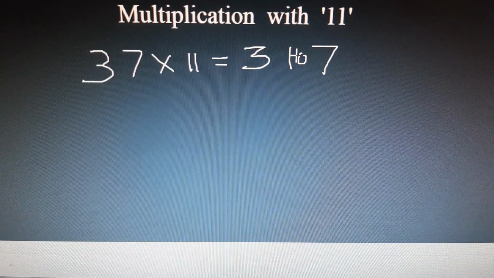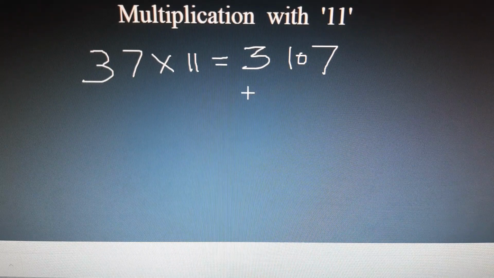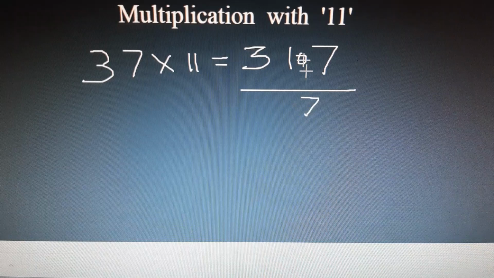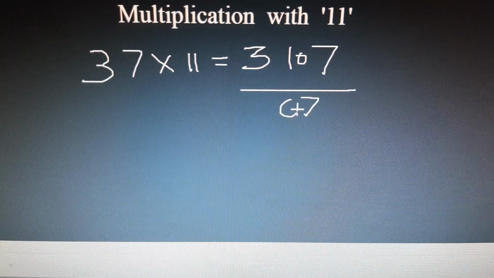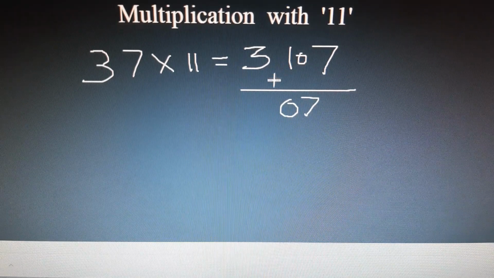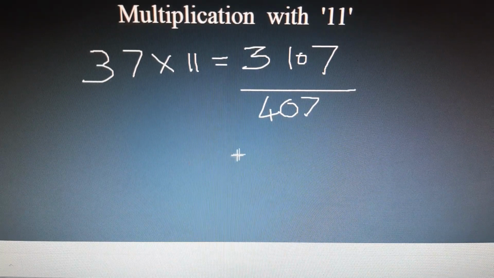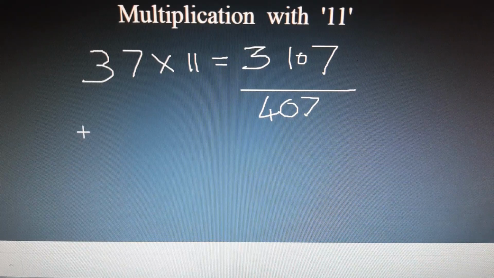But for that this is with a carry forward number. So what you will do, you have to write down 7 here, 0 here, and 3 plus 1 is 4. So the answer will be 407.